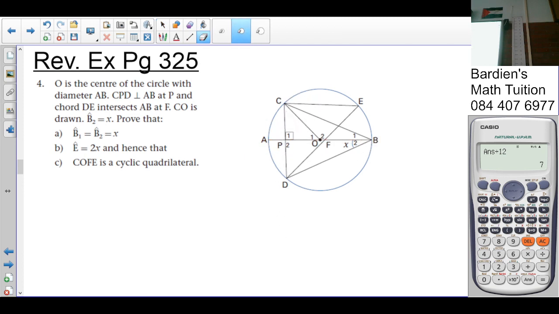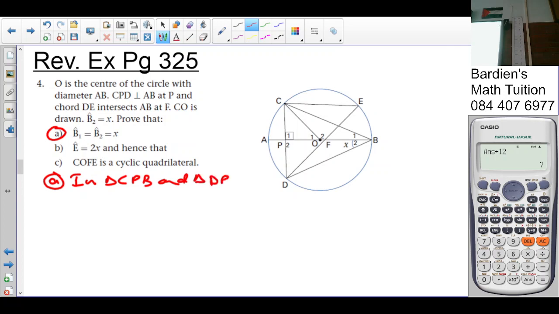So to prove that B1 is equal to B2, I think we're going to go with congruency. We'd have to go with congruency. So we start off in triangle CPB and triangle DPB. What can we say?